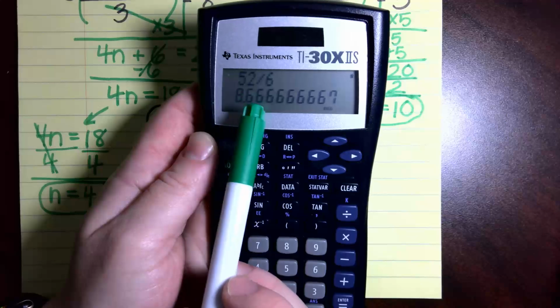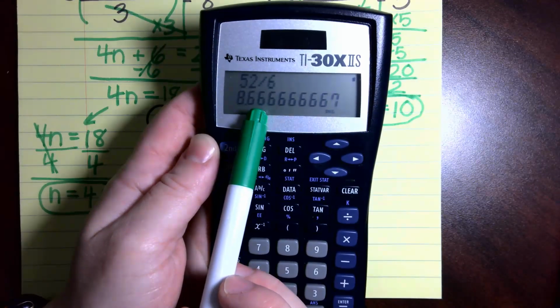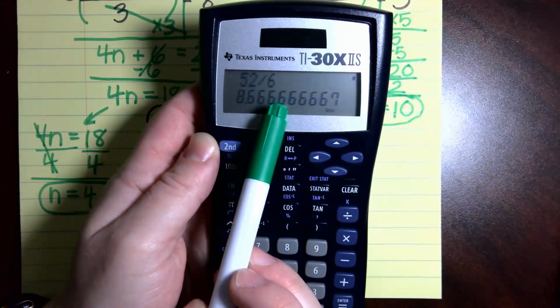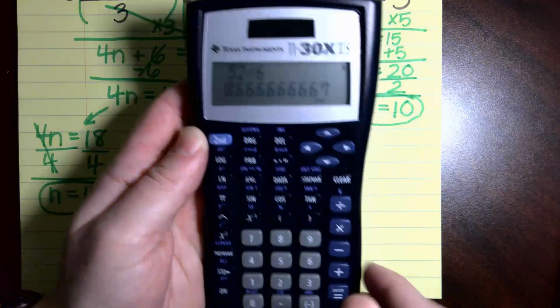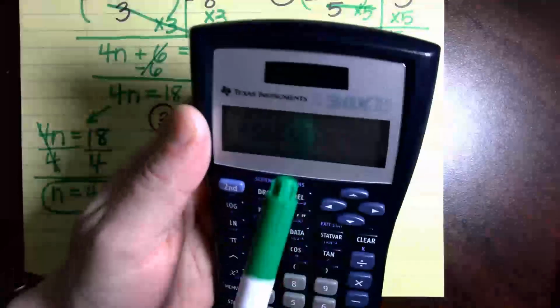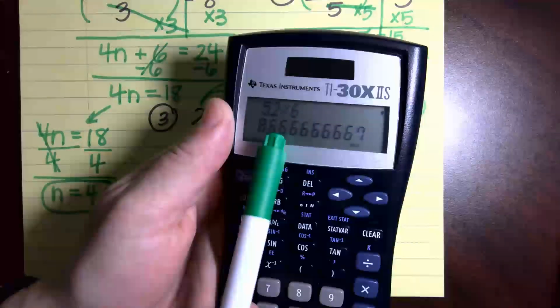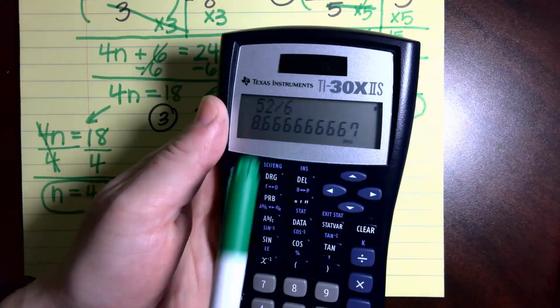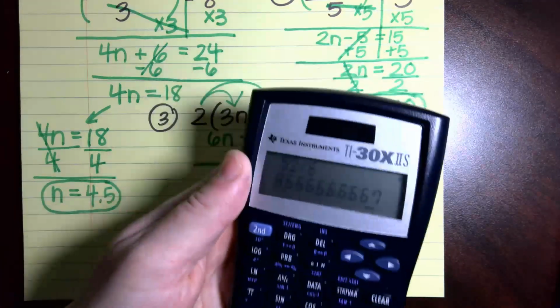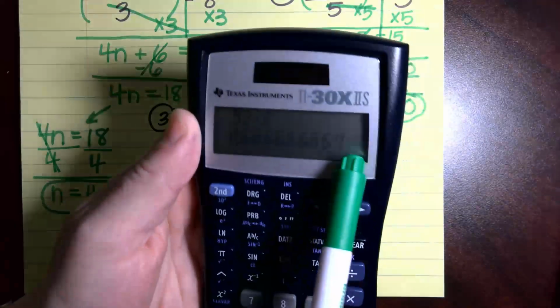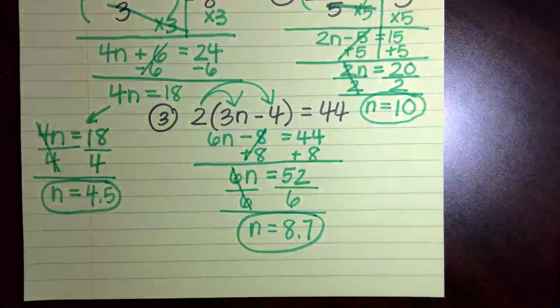So if this was 8.5 or 8.6, I would put 8.6. If it was 8.66, I'm going to round this up to 8.7. So that's why they put the 7. Yes, they just rounded it up.